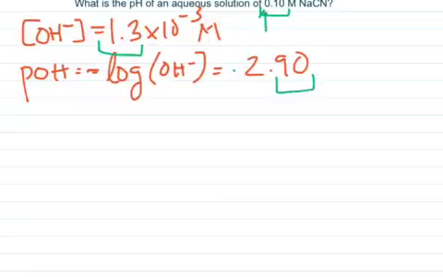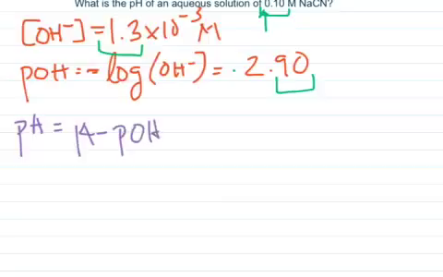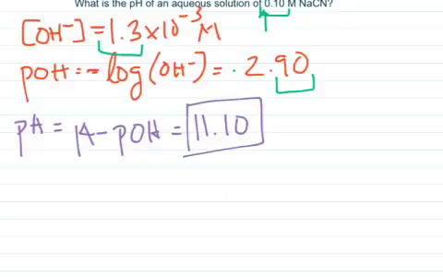Remember, this 0 right here does not count because it's before a known significant number. Now let's look for the pH. So pH is equal to 14 minus the pOH, and I get 11.10. So that is my answer for this equation. And remember, it needs to be a base, because that's what we found NaCN to be.